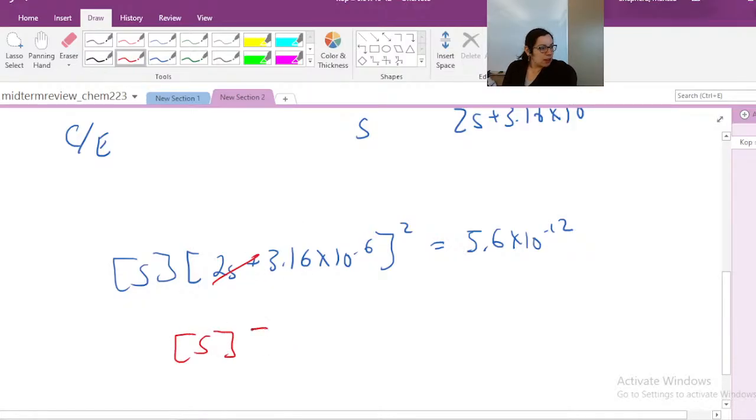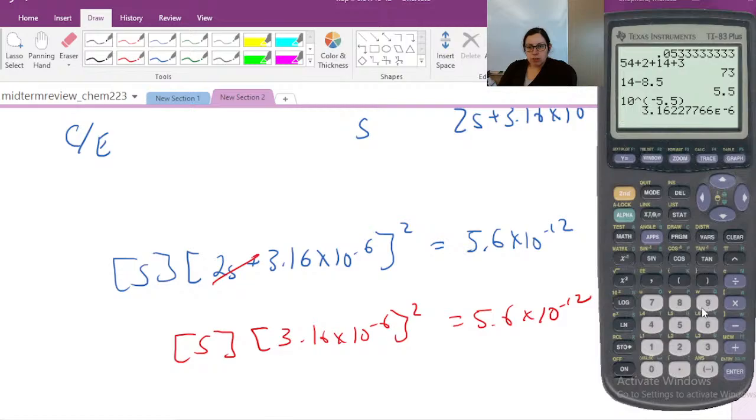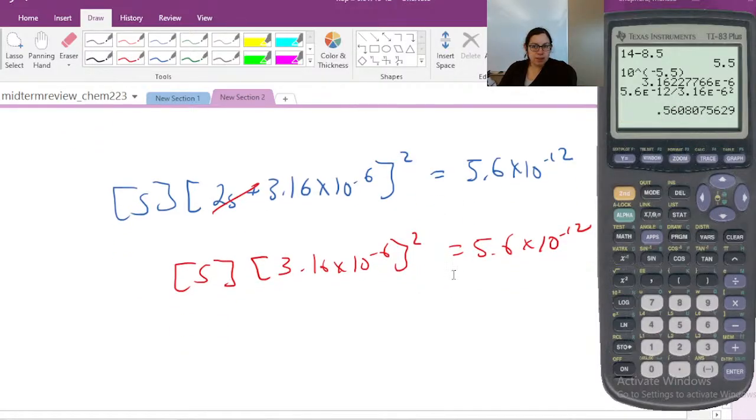We'll double check our assumption, but this will make it much easier to solve. So let me plug that in: 5.6 times 10 to the negative 12 divided by this squared. And now I get this value for S.